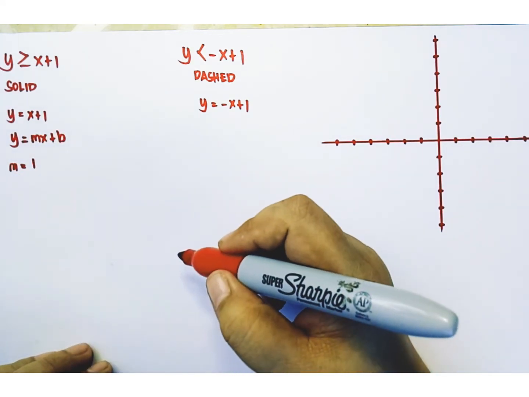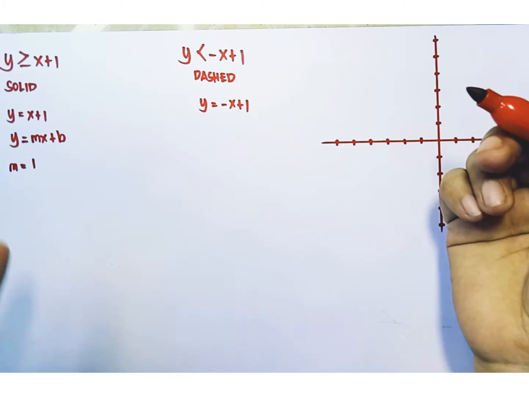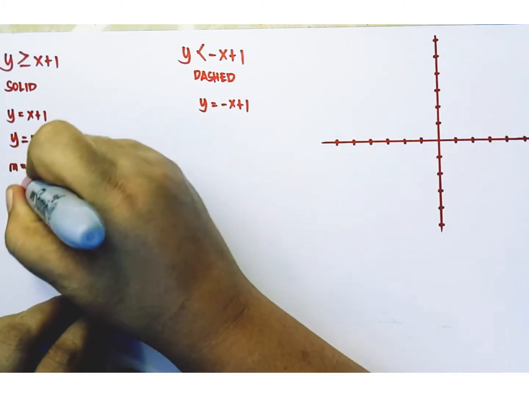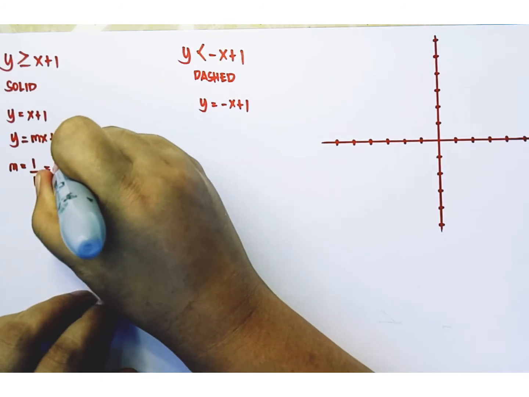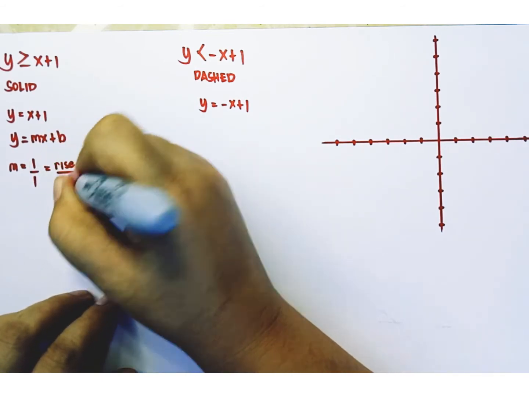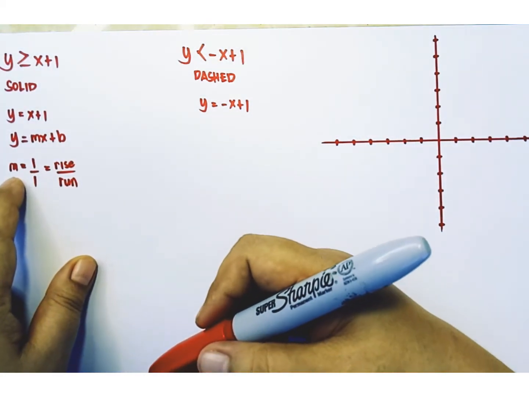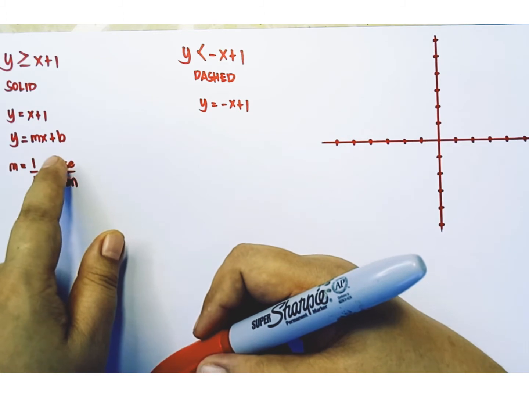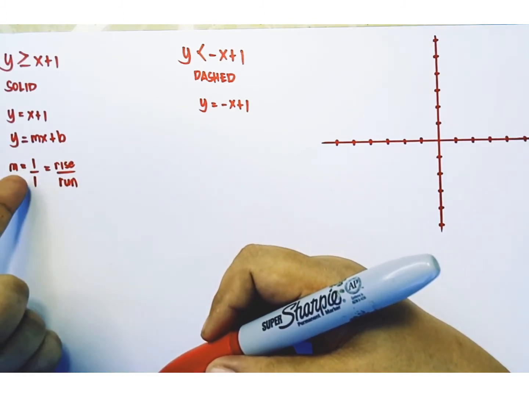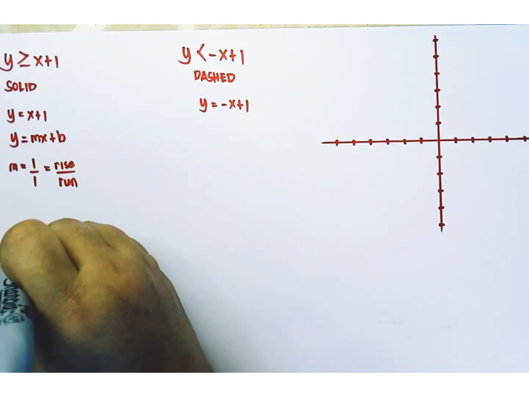Any number has an invisible denominator of 1, so in fraction form, the value of the slope is 1 over 1. 1 is equal to rise, 1 is equal to run. That's why the definition of slope is the ratio of rise to run. If the sign of the slope is positive, the line is rising when viewed from left to right.